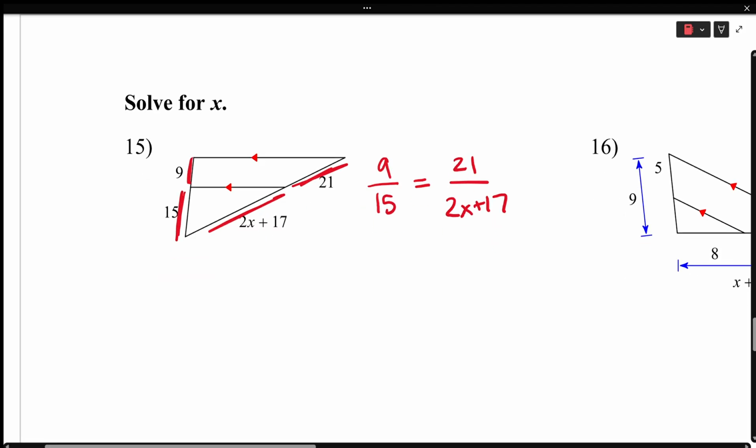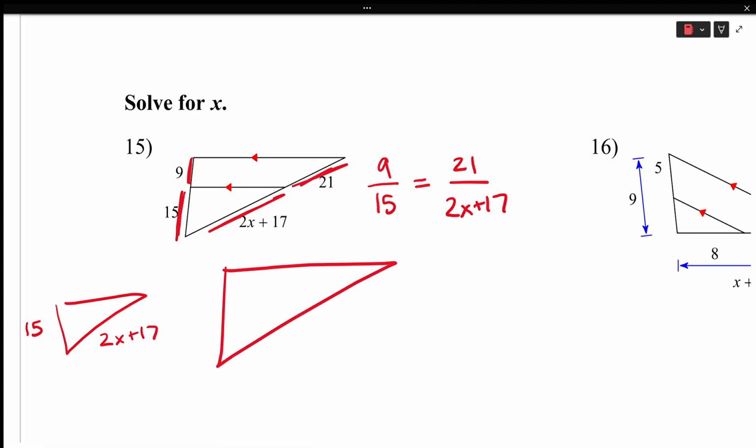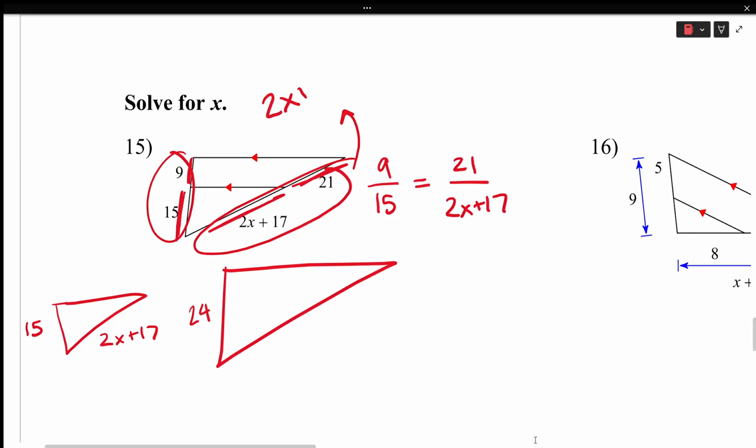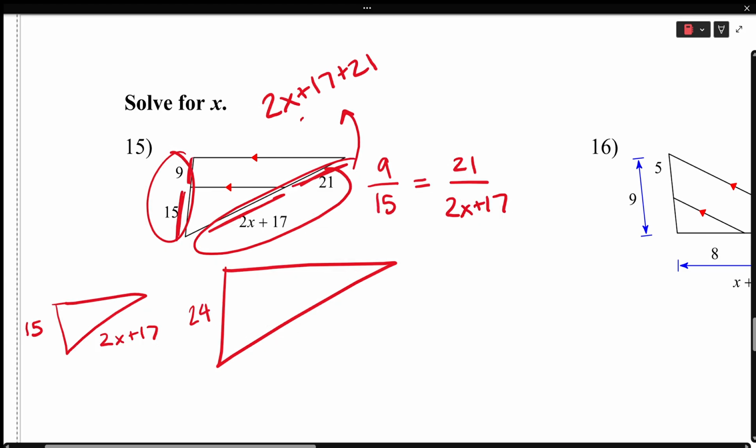Or if you wanted to draw the triangle separately, this is 15, this is 2x plus 17, and then the bigger triangle altogether is 9 plus 15, that's 24. And then here has to be 2x plus 17 plus 21, because we're combining them. So that's 2x plus 38.